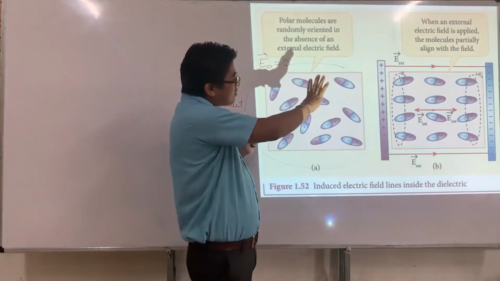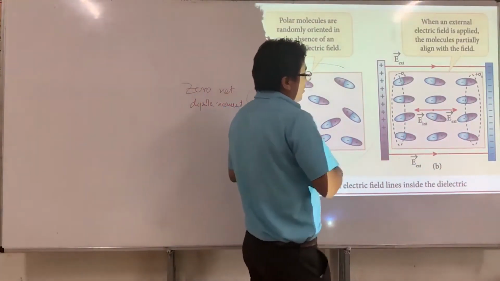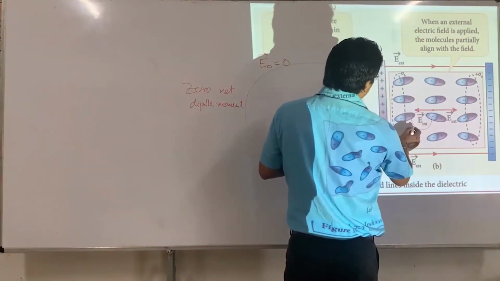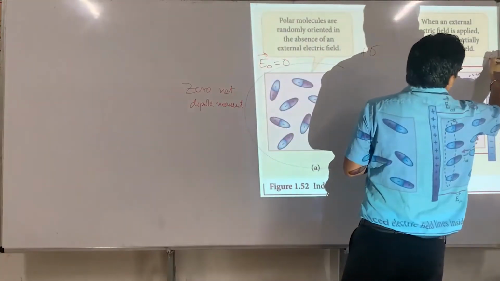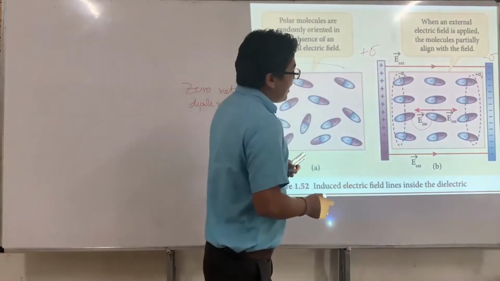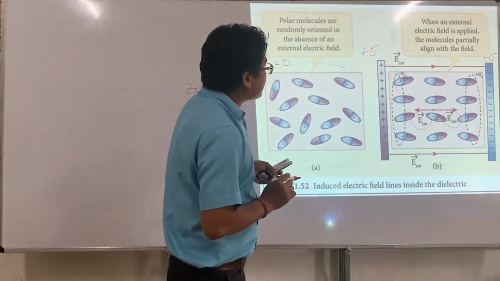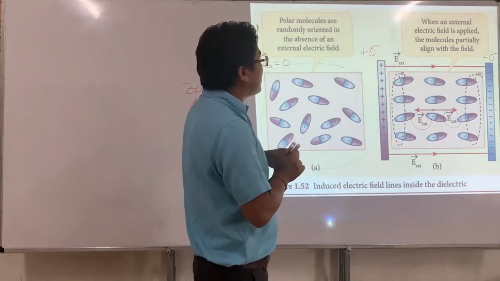However, the net electric field is not zero, as we have discussed just now. This is the induced electric field, due to the positive charge surface at this side and the negative charge surface at the other side, and this is the external electric field. The induced and external electric fields are opposite.